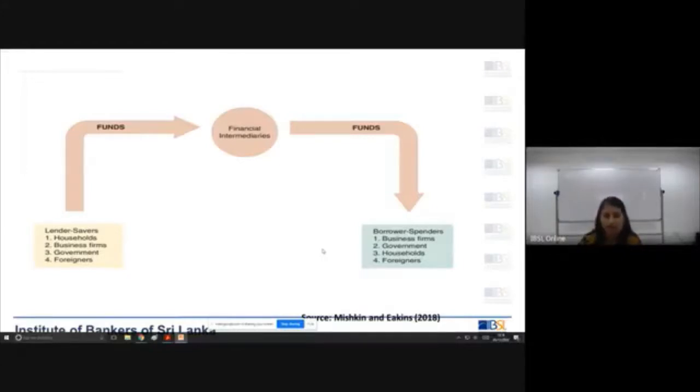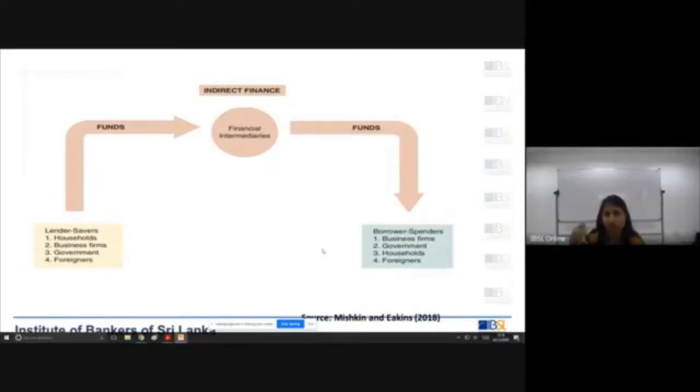Over time, there had also been a development. So this particular chain, we call it indirect financing. Why? Because there's someone in between to coordinate. There's some party in between to indirectly finance. So see, the saver doesn't know that their money has gone to the spender. Okay.